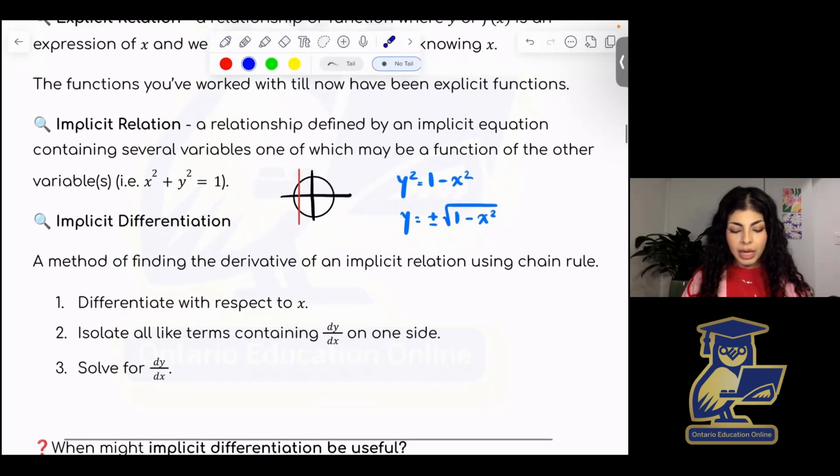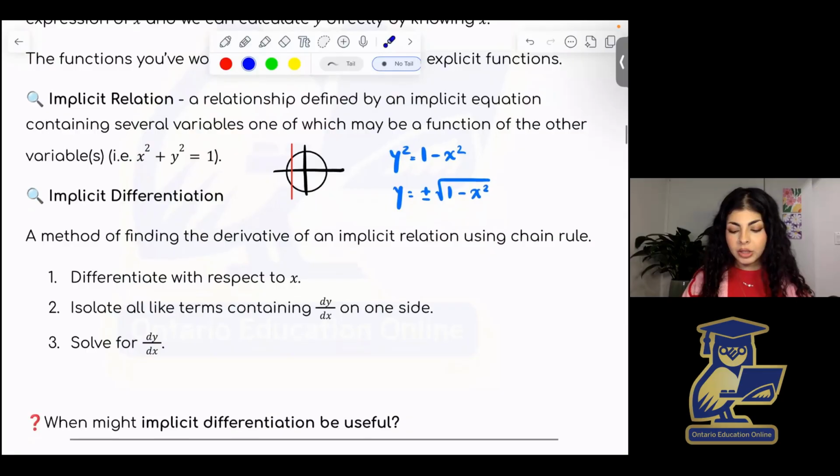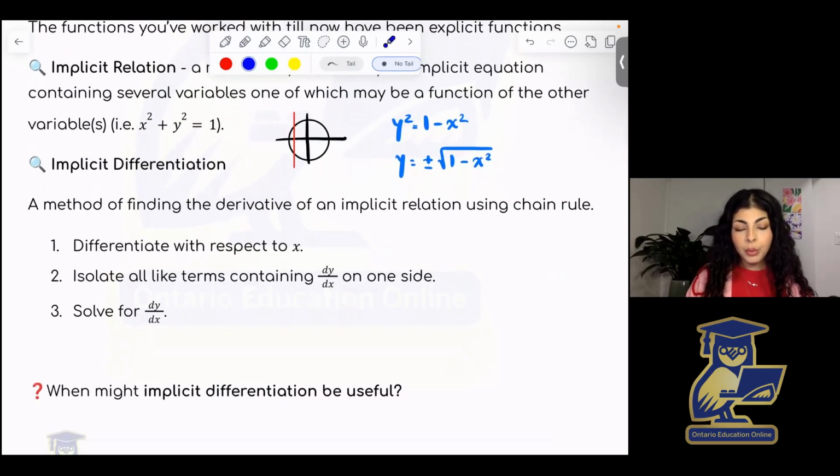So now, here is an algorithm for implicit differentiation. It is a method of finding the derivative of an implicit relation, and we actually use the chain rule. We differentiate both sides of our function with respect to x, which implies differentiating the whole equation, both the left-hand and right-hand side.